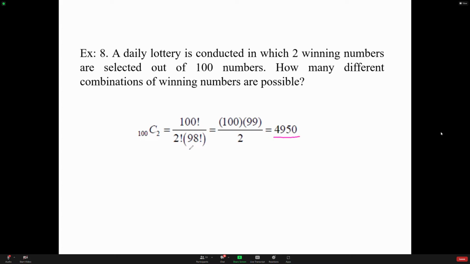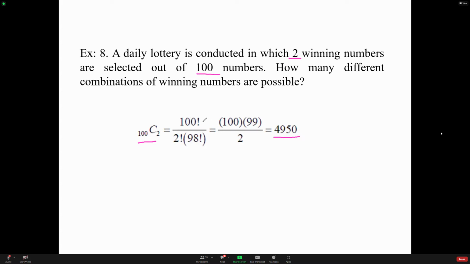So is that clear, guys? You are picking 2 numbers out of 100 numbers. How many combinations are possible? So this is 100 C 2, that is factorial 100 over factorial 2 multiplied by factorial 100 minus 2, that is 98 factorial.